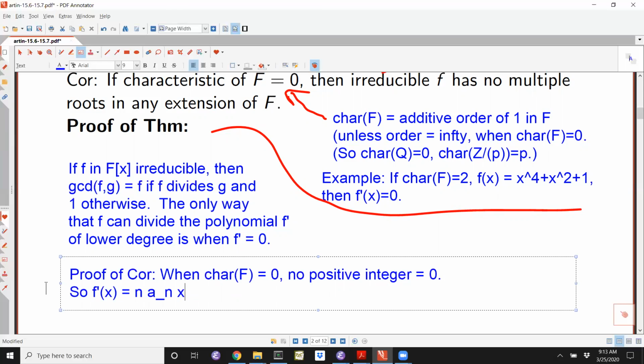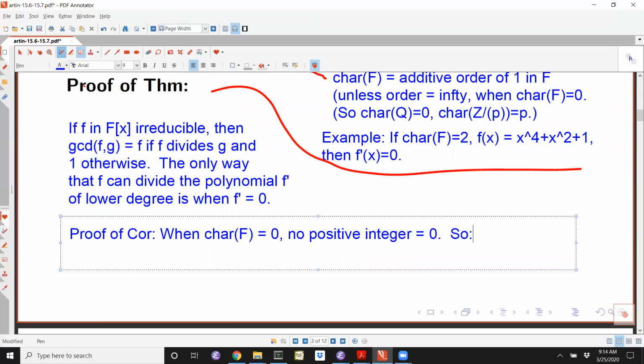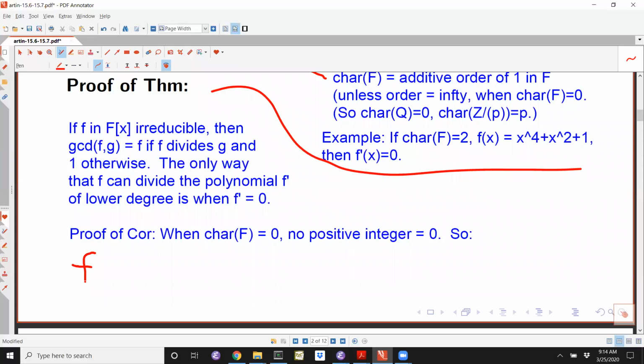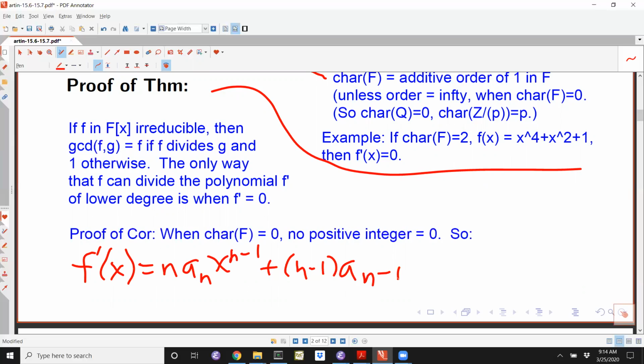So actually, let me go back to pen instead of LaTeX. So f prime of x, remember, looks like this: n times a sub n x to the n minus 1, plus n minus 1 times a sub n minus 1 x to the n minus 2. So when you take f prime, you're really just doing it Calc 1 style.